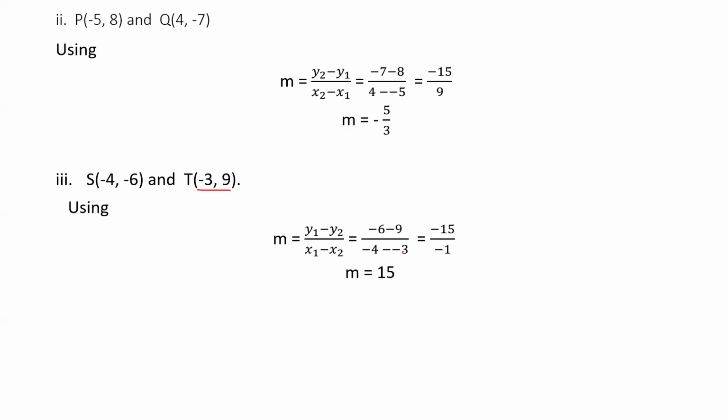So we have minus 6 plus minus 9 becomes minus 15, all over minus 4 plus 3, which is minus 1. When you simplify, you get the gradient equal to positive 15. So that line will be like this. I think it's okay now.